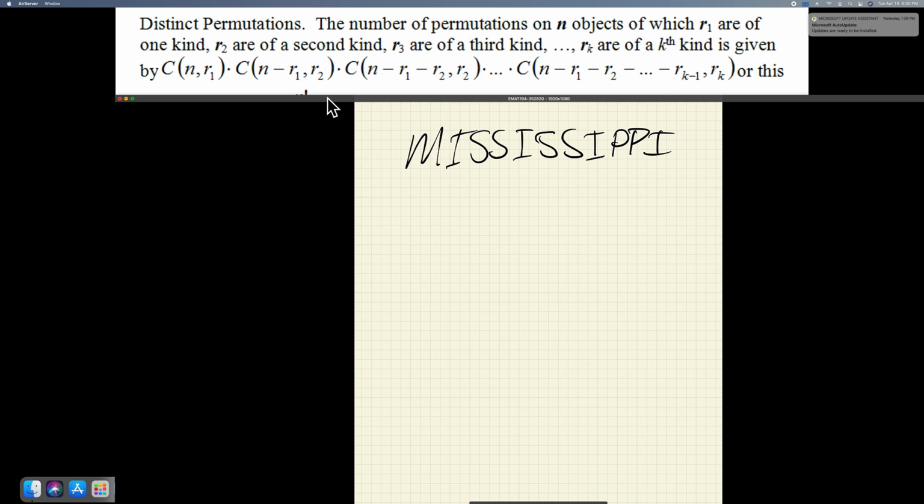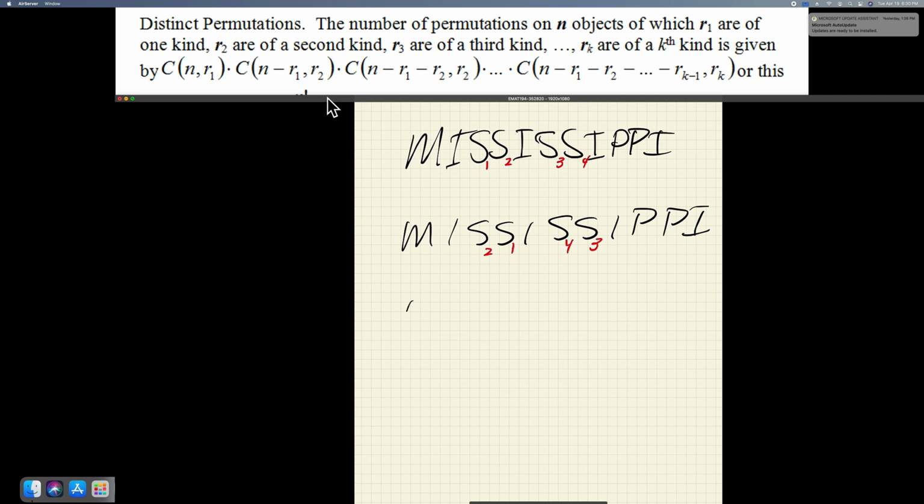Now, if we put on little subscript numbers, and I'm just going to look at the S's and make this a subscript 1, subscript 2, subscript 3, subscript 4. And if I rewrote my arrangement of letters, you can see that this is a different arrangement, but without the subscripts, I don't see that. So it's not what we would call distinguishable. So we're looking for another arrangement that's definitely something different.